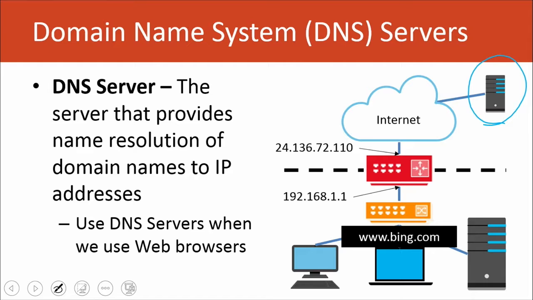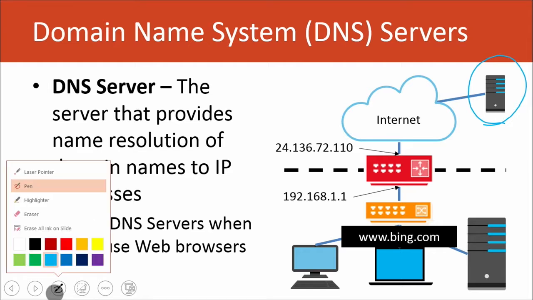And so what we need is something to take that name and translate it into an IP address so that we can access the Bing server, because it's not called Bing.com. The server actually has an IP address.